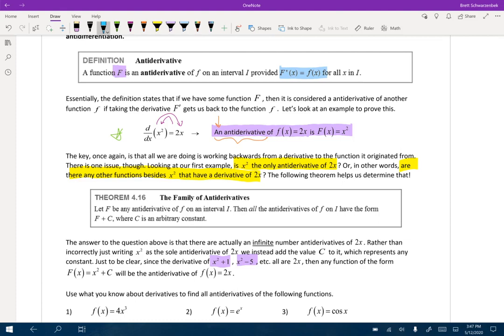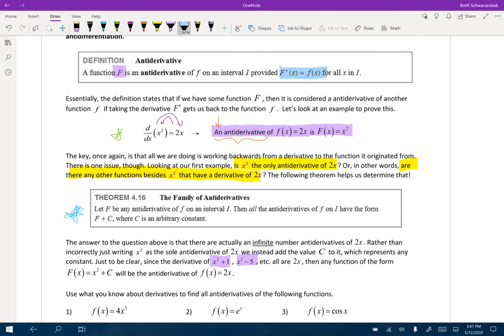So here's the problem. How do we designate an infinite amount of antiderivatives? We can't just say, all right, find the antiderivative of 2x, and write x squared and circle it. That's really wrong, because it's only one of them. So how do we symbolize an infinite number of them? That's using this theorem here. It says, let F be an antiderivative of f on some interval.